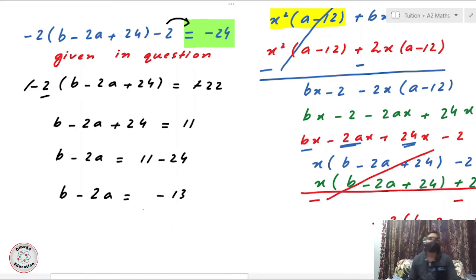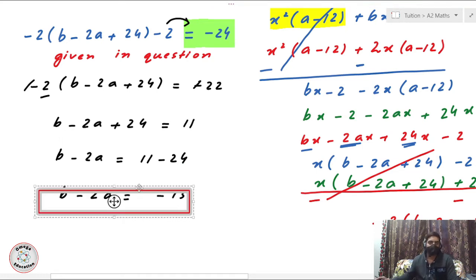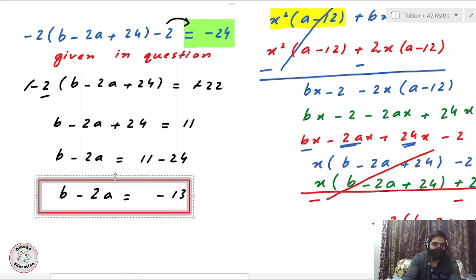Minus 13, okay? Or you can shift the negative sign to the left side. But anyway, one of the equations that you now have is this one. Alright, you can't do anything with that equation alone to find the value of a and b, because if you have two unknown variables, then you need two linear equations.